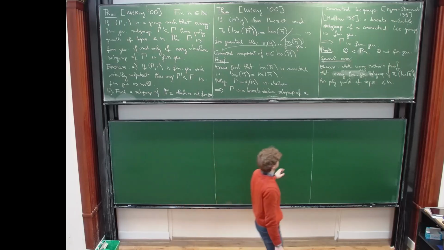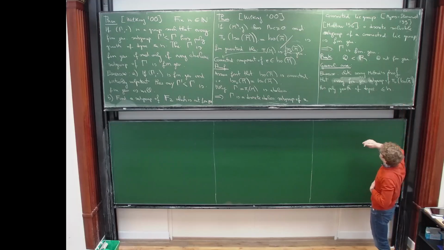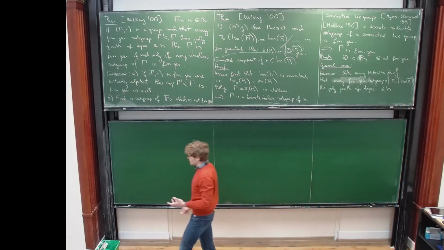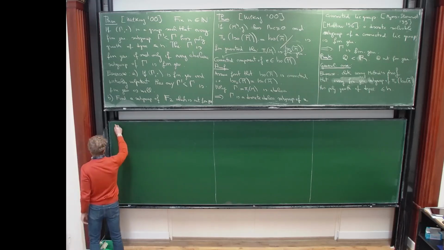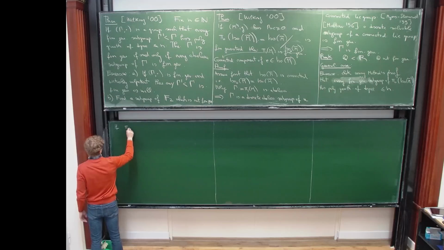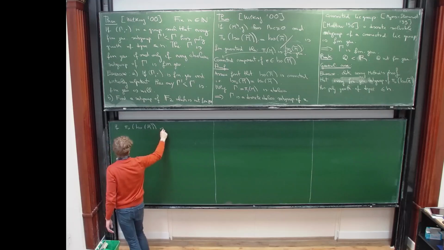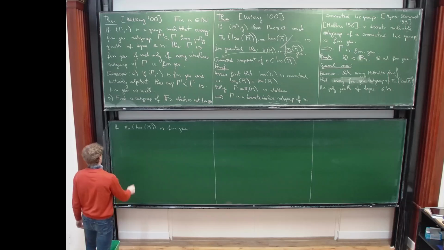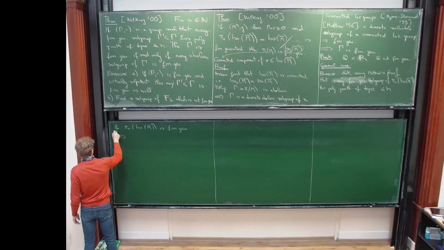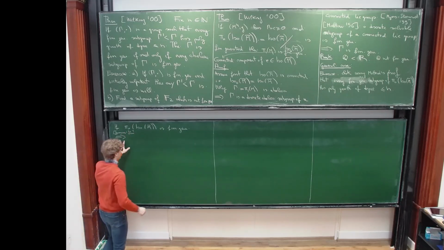Okay, so thanks to the exercise, we know that π0 of Iso(M̄) has the property that every finitely generated subgroup has polynomial growth of degree less or equal than n. So if we assume, as we are doing, that π0 of Iso(M̄) is finitely generated, then Gromov's theorem implies that it is virtually nilpotent.